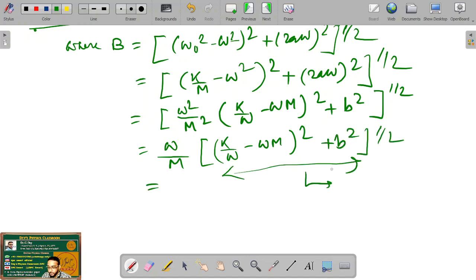This expression I have taken as Z, the mechanical impedance, so B becomes omega Z by M.